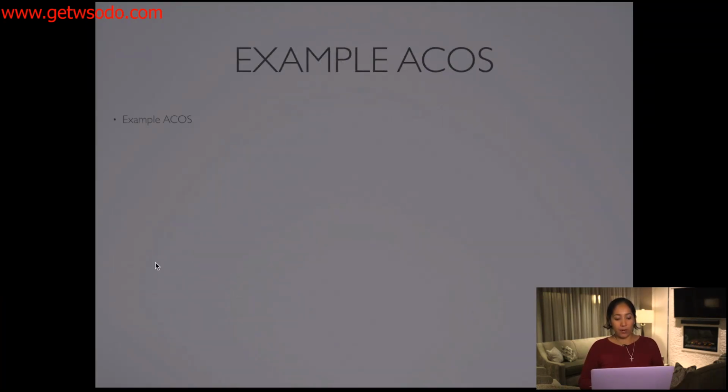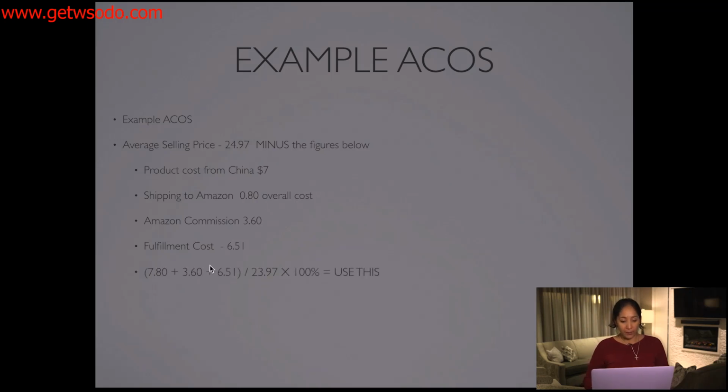And here is the example I was talking about. Let's say your average selling price is $24.97, and you have to subtract the product cost from China, which is $7, the shipping to Amazon, which is 80 cents per unit, the Amazon commission of $3.60, and the fulfillment cost of $6.51. You would add all these up and then divide them by $24.97 times 100%.